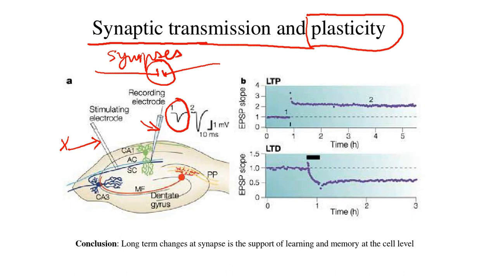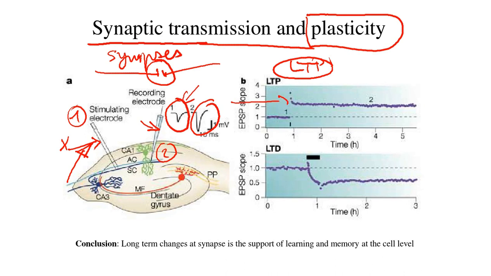Under a protocol called long-term potentiation, the next time you provide a stimulation at the first electrode, number 1, when you record at electrode number 2, instead of having this response, you obtain that response. And that response can last for hours. This phenomenon is called long-term potentiation, and it underlies learning and memory. You also have the possibility to revert it, which is called long-term depression. You can go from 2 to 1 here, and this can last again for hours.